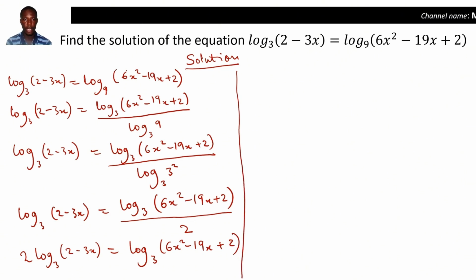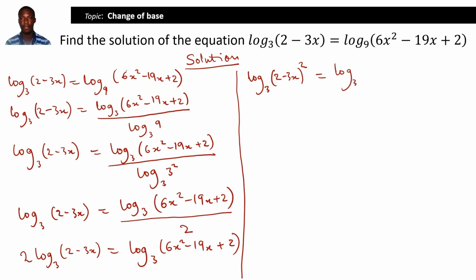And then the left hand side, I'll write it as log to the base 3 of 2 minus 3x all to the power 2, and this is equal to log to the base 3 of 6x squared minus 19x plus 2.